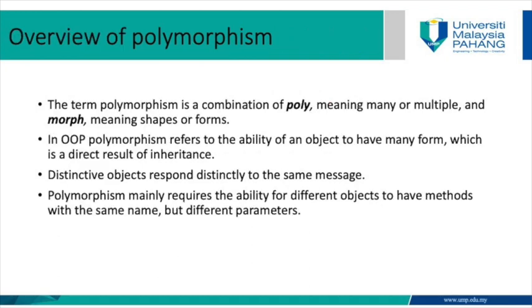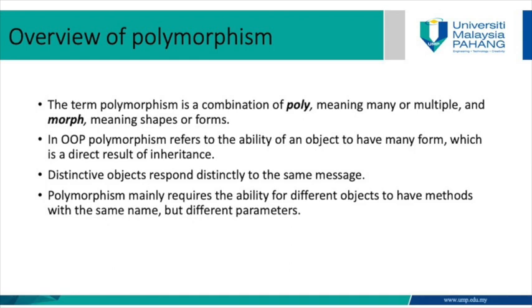Now let's take a look at the overview of polymorphism. The term polymorphism is a combination of the words poly, which means many or multiple, and morph, which means shape or form.